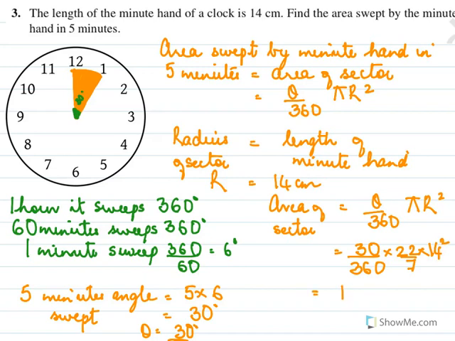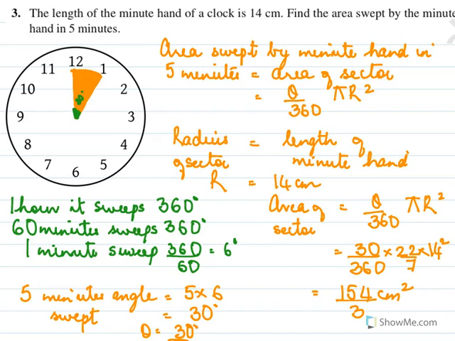If you work this out, you get 154 over 3 centimeter square as the area swept in 5 minutes. So in your answer, you need to write it in words: area swept in 5 minutes is 154 over 3 centimeter square.